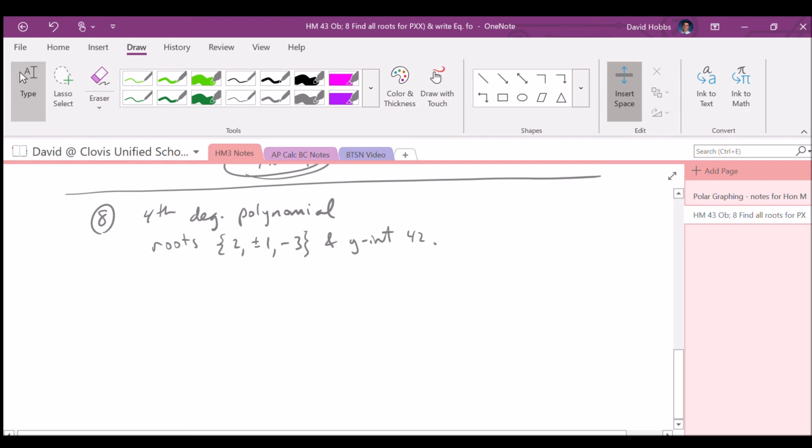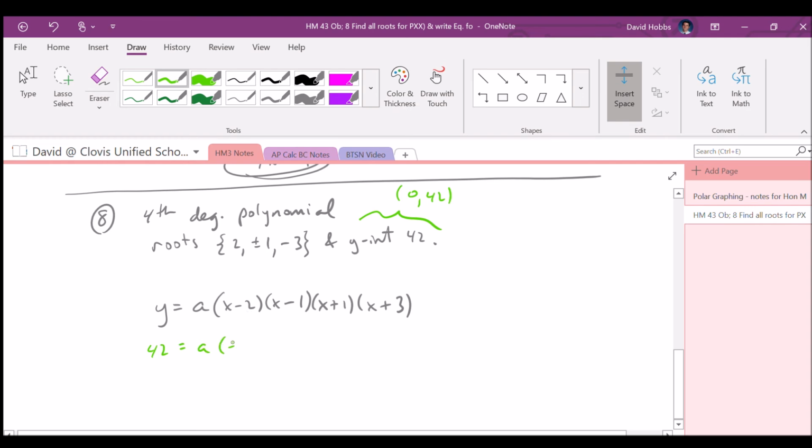Well, needs to be an equation, so y equals, and they always have a multiplier, as I was showing you guys earlier in the unit, and the 2 root becomes x minus 2, and the plus and minus 1, you got x minus 1 and x plus 1, and then x plus 3. Okay, and y-intercept is 42, so that's (0, 42). So plug in 0 for the x's and 42 for the y.